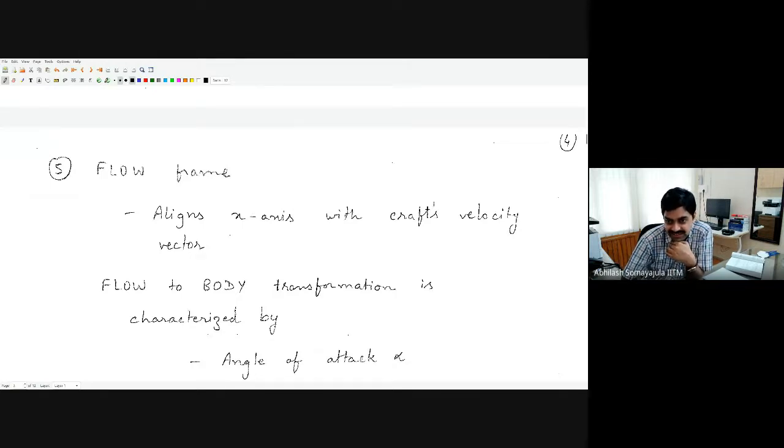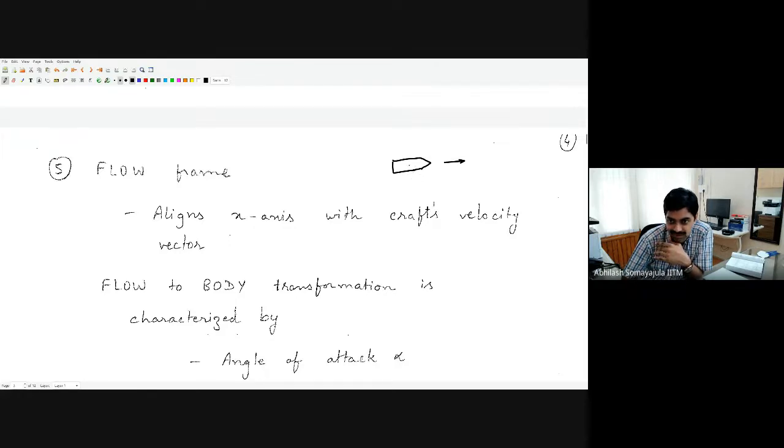So let's say that this is my craft. But we know that when the craft is turning around and moving around, its velocity vector need not always be pointed in the longitudinal direction. We saw this especially when looking at the craft turning. You'll see that it will have some slip angle.